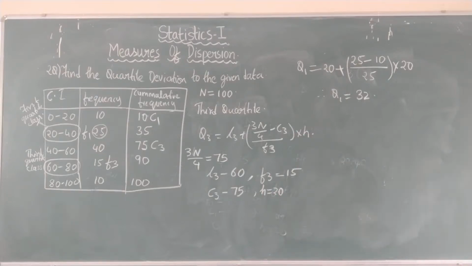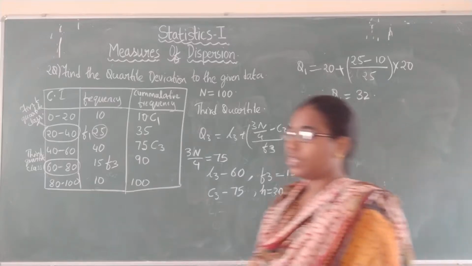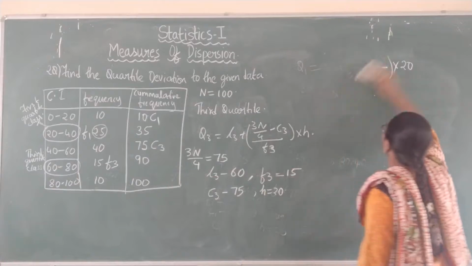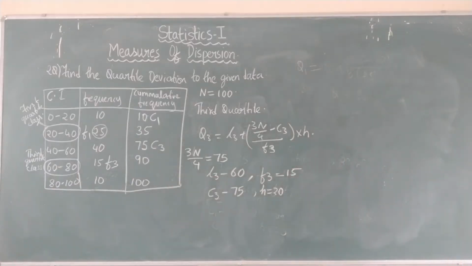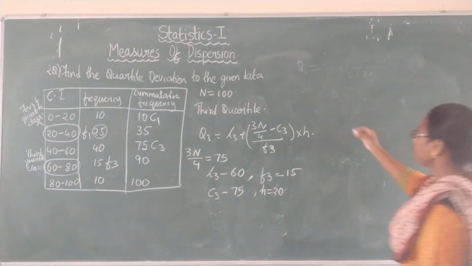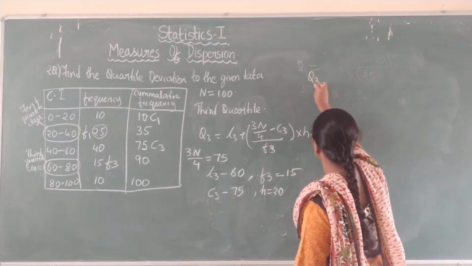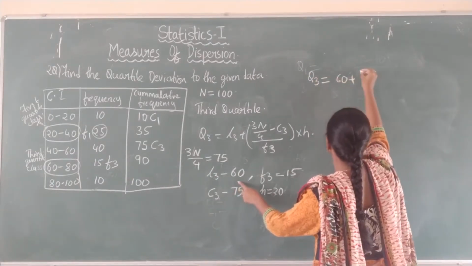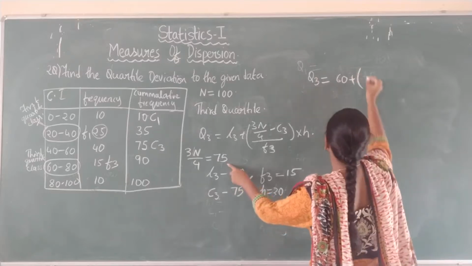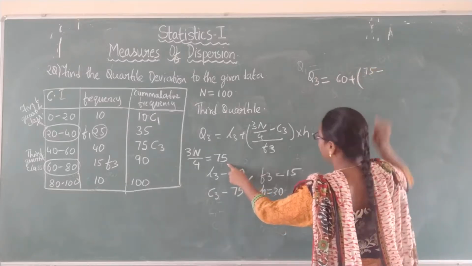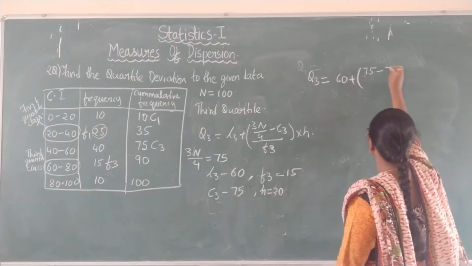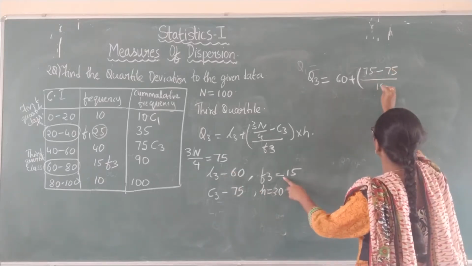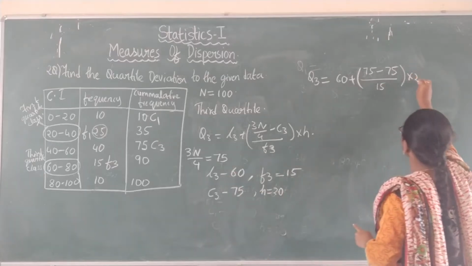Now substitute all the values in the Q3 formula. Q3 equals L3, that is 60, plus 3n by 4 value is 75, minus C3 value is also 75, divided by F3 value 15, into 20.